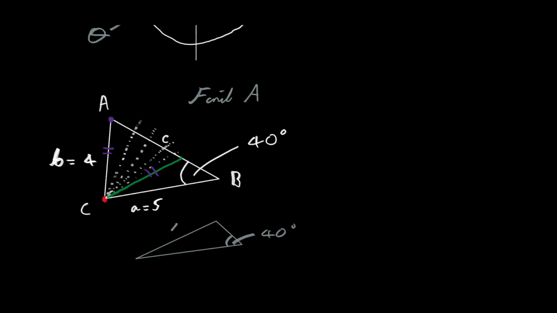We have a side of length 4, we have a side of length 5, we still have that angle B of 40 degrees, but now we have a different C, and we have another A. We were never given C, and we were never given A.